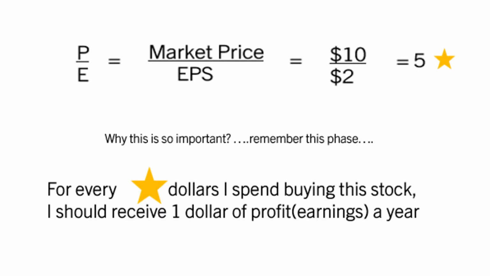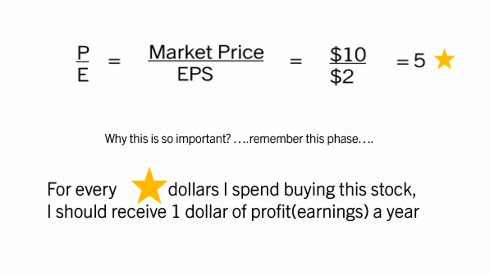So for every $5 I spend buying this stock, I should receive $1 in profit a year later. That's a really powerful sentence to remember. If you are taking notes, I would definitely write that down, because that sentence applies for any company.